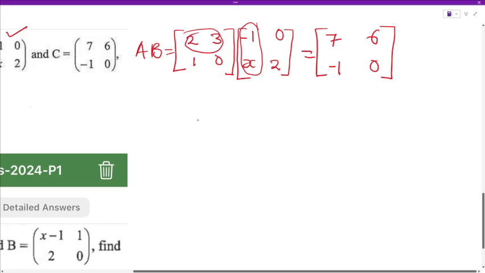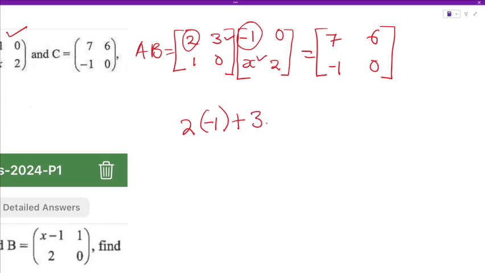So I will simply do 2 times negative 1, so I can put the negative 1 in brackets, plus 3 times X. What would that give me? To give me this topmost value there, which is a 7. And then I solve for X, as simple as that.